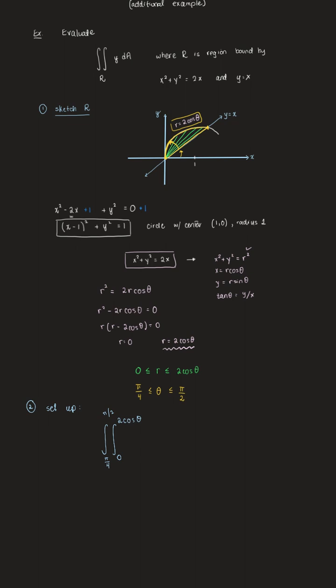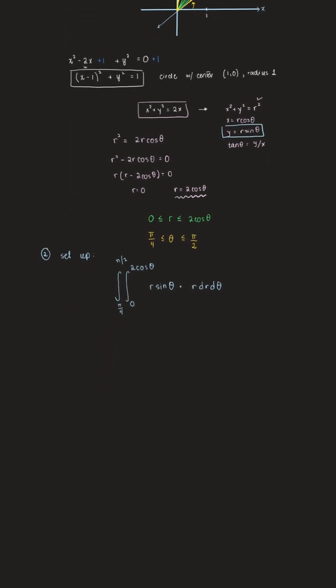We do need to write y in terms of r and theta, but we know that y is r sine theta. That is a relationship that we have with polar coordinates. So this is going to be r sine theta. And dA, remember that our area element in polar coordinates is r dr d theta. So we have set up our integral, and now we'll be ready to evaluate it.